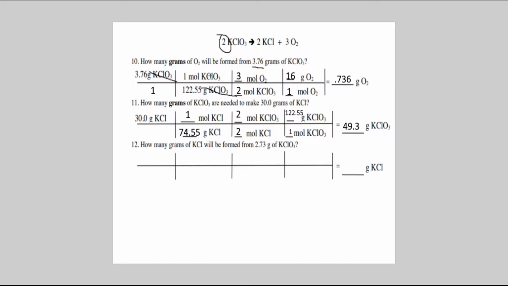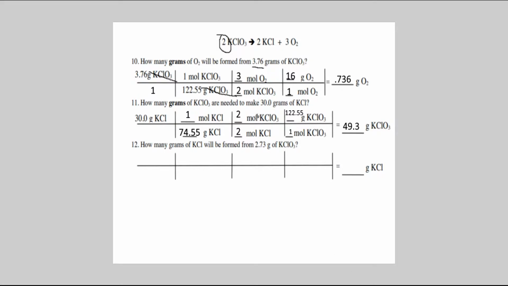So you will look for potassium, chlorine, and oxygen. Oxygen's 16. Chlorine is 35.45, and potassium is 39.1 when you round.